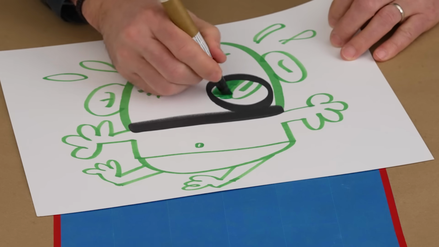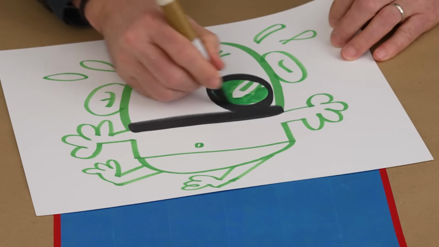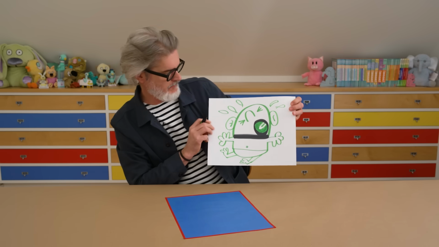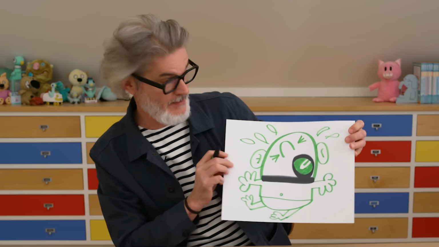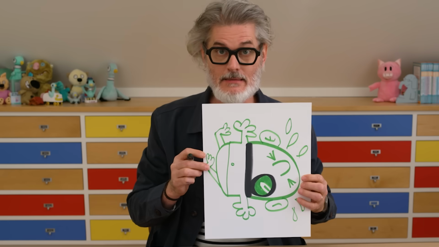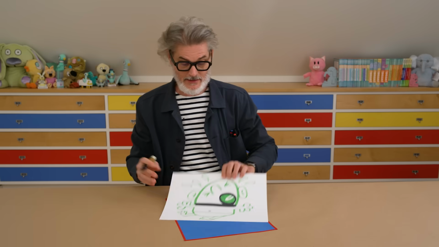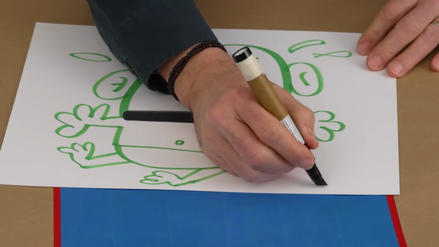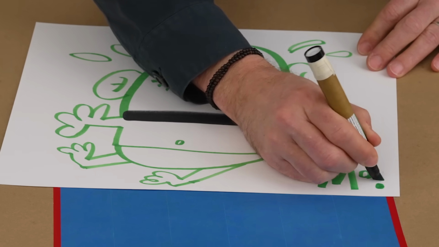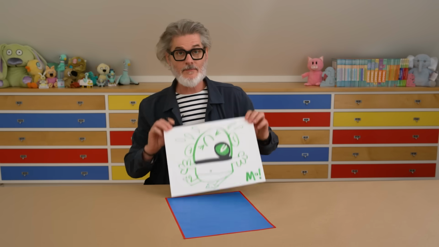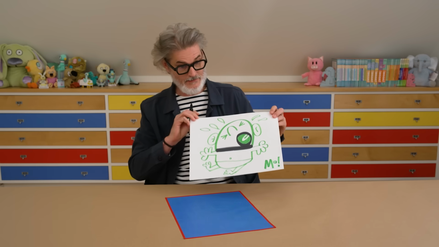I'm going to darken in that mouth so we really know it's a mouth with a tongue. I think that's wah! That is a bawling baby. B. I like that. I like that drawing. I'm going to write my name down. Now everybody knows I made this loud drawing of a bawling baby.